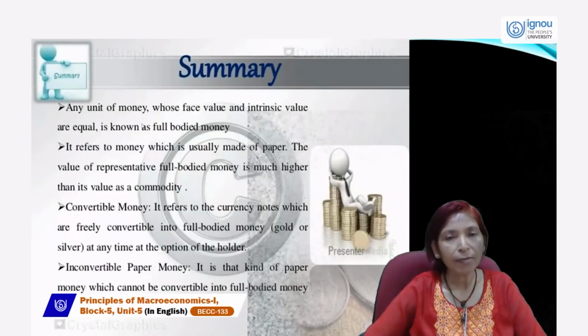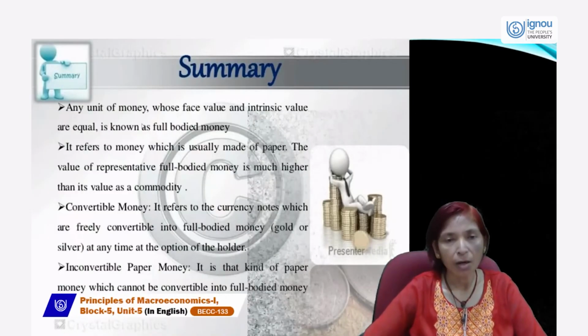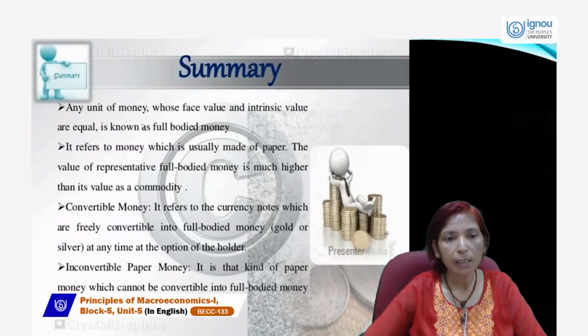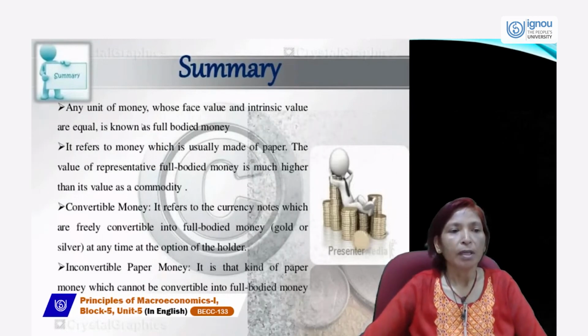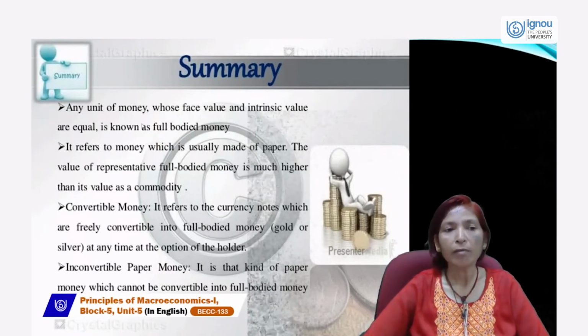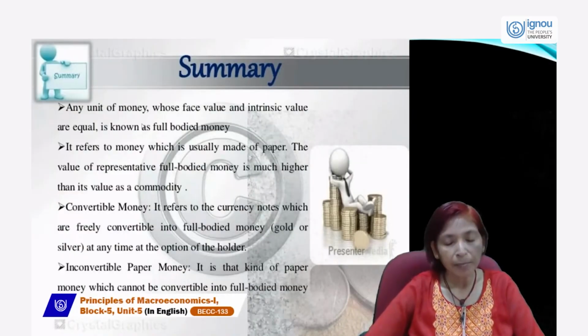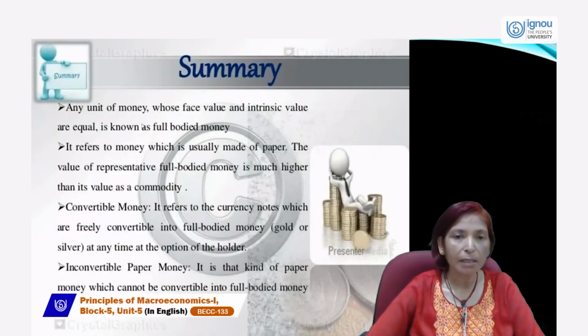So, there are different types of money: commodity money, fiat money, full-bodied money, convertible money, inconvertible money, and plastic money, etc.